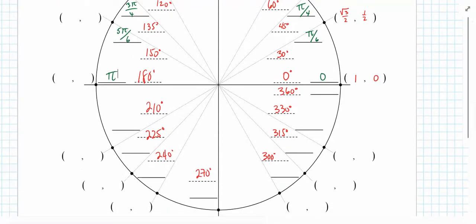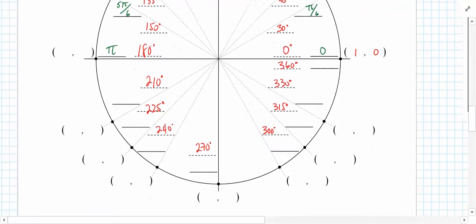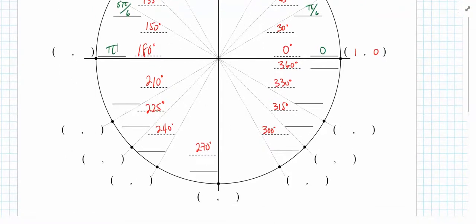I'm going to pause the video and ask that you fill in the remaining radian measurements in terms of pi for the lower half of this circle. Again, remember that we're dealing with 13 pi over 12, 14, 15, 16, 17, and 18 pi over 12. Use that as your starting point, as your reference fraction to fill in the rest of the data.